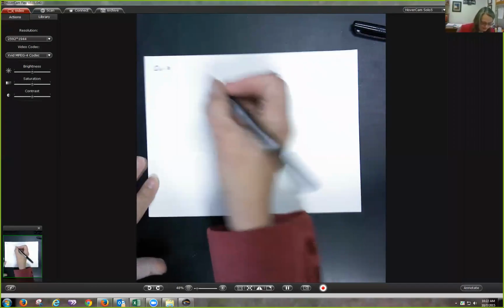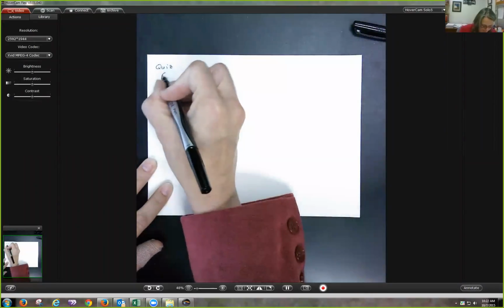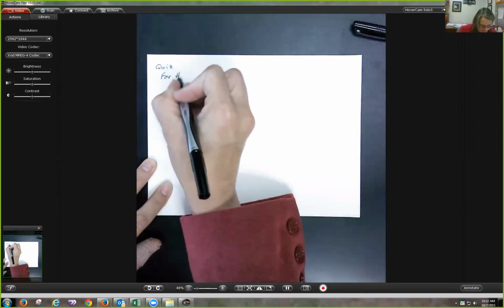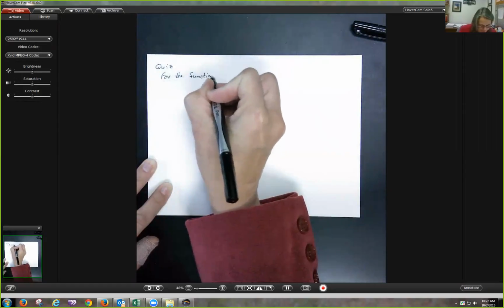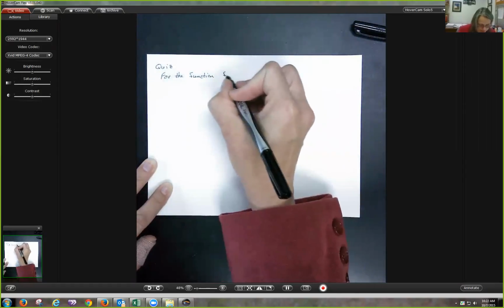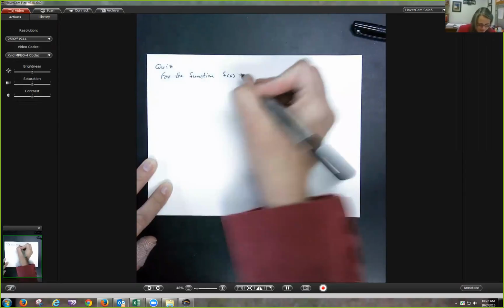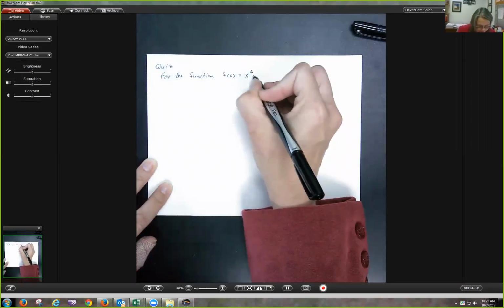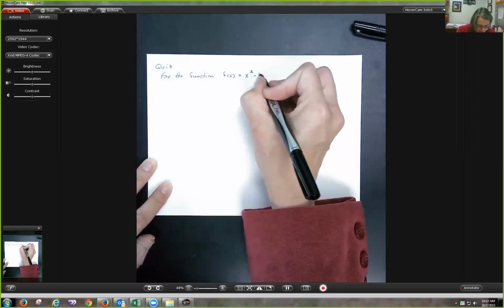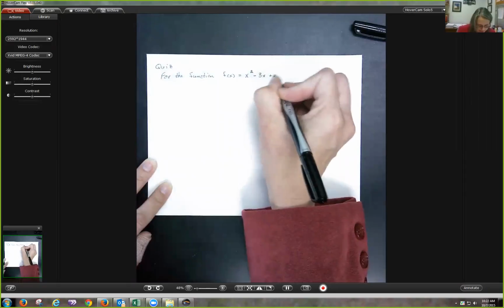for the function f of x equals x squared minus 3x plus 4.